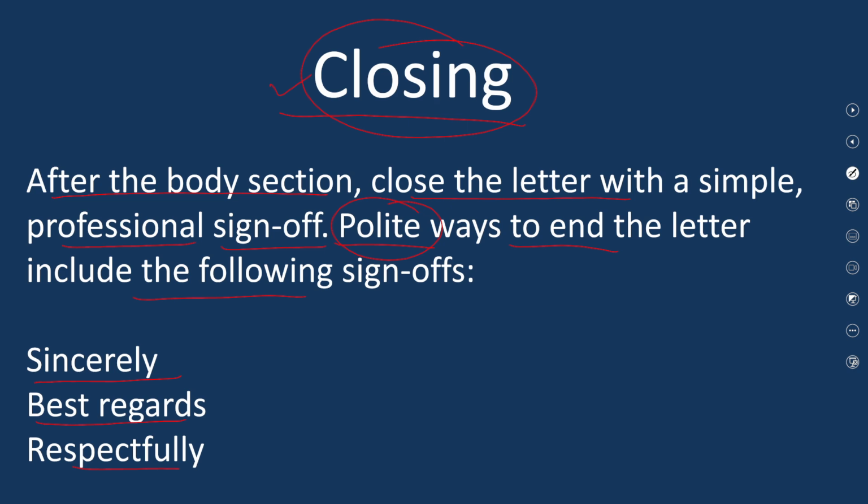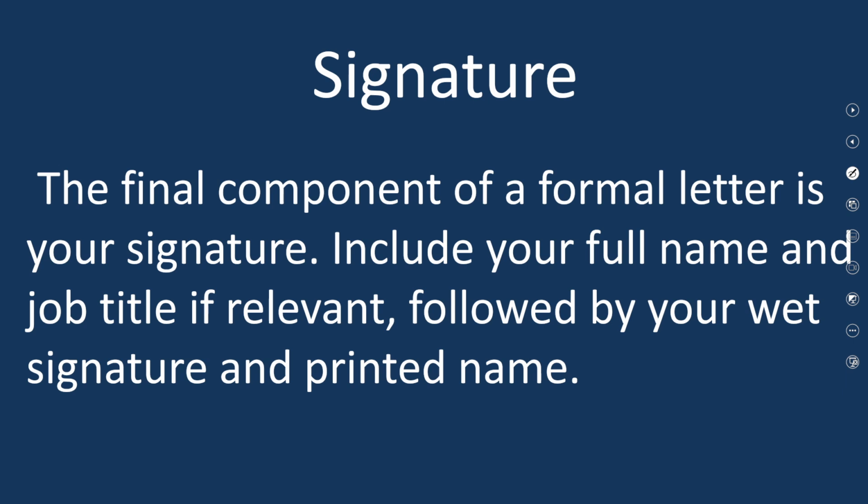So you can write sincerely, followed by a comma and then your name or designation, and then you can close the letter with your signature. Yes. Now, signature, dear learners, this is the final component of a formal letter. It includes your full name and the job title, the designation.